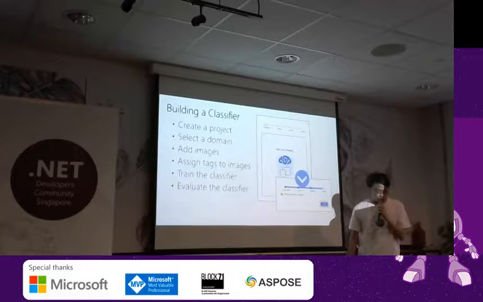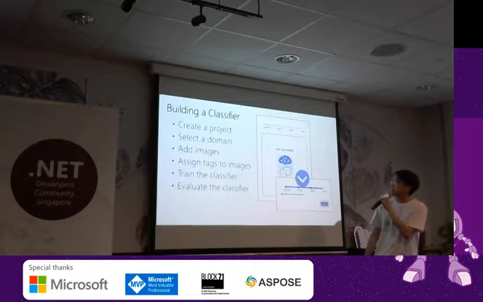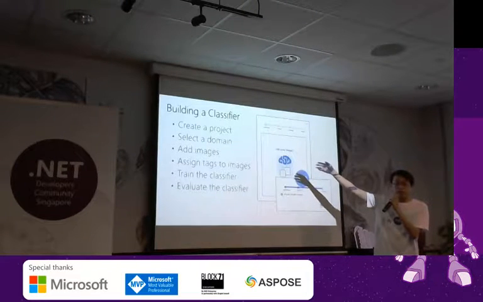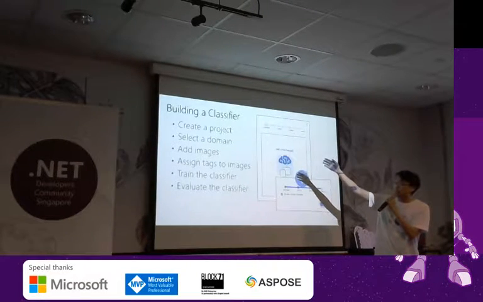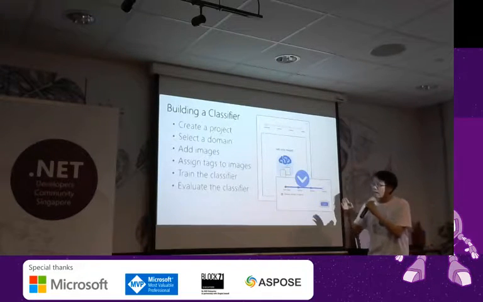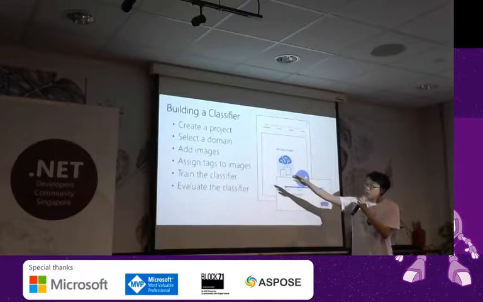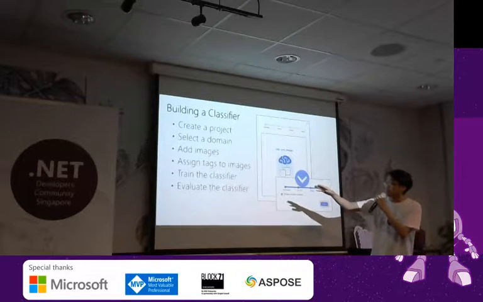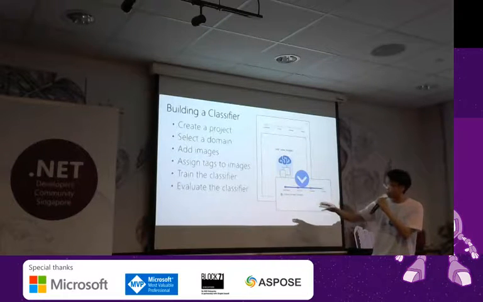Then this is building a classifier. What you can do is create a custom vision project. Later on I will do the demo on customvision.ai. So: create a project, select a domain, add a set of images, assign the tags, train the classifier, evaluate the classifier.